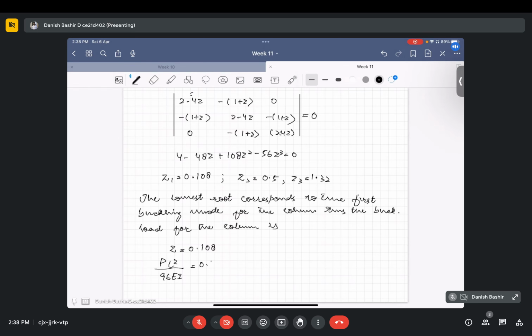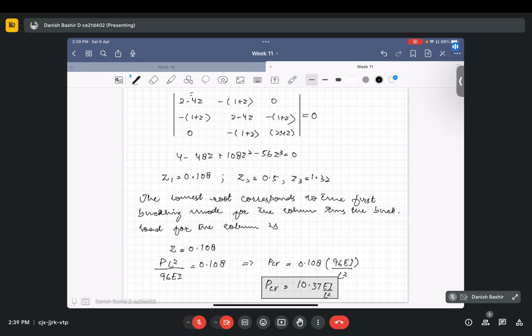So PCR will be equal to 0.108 times 96 EI by L square. When you solve this, you will get the PCR value equal to 10.37 EI by L square. Okay, this is the solution.